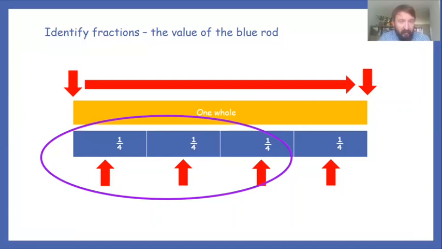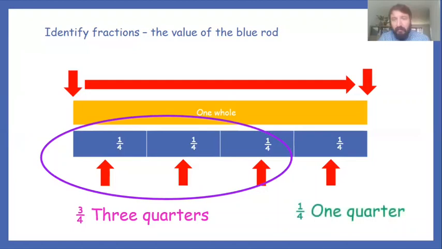And if I was to ask myself, what's the value within this purple circle, I could quite easily tell you by looking at my model here that I have 1, 2, 3. 3/4 make up my purple circle. Okay, and I have a remainder there of 1/4 left over, which I have in my green circle.